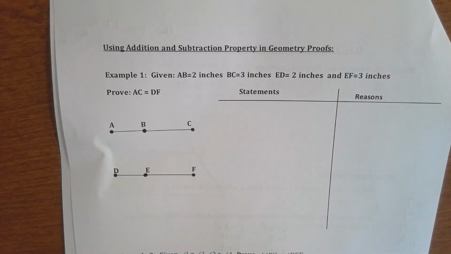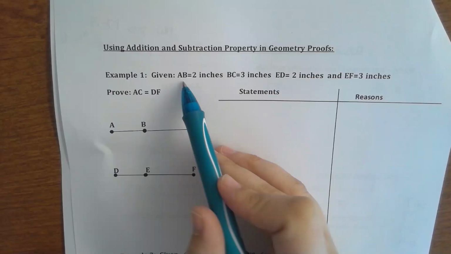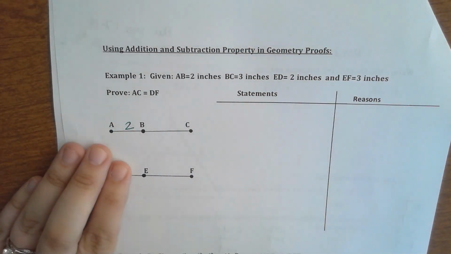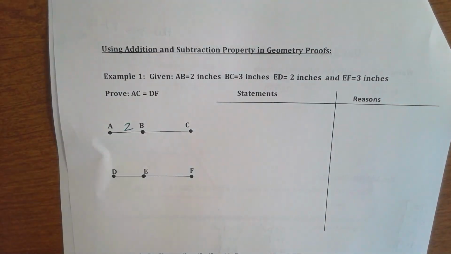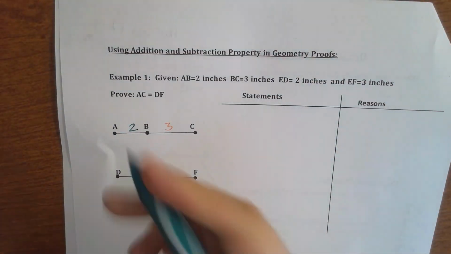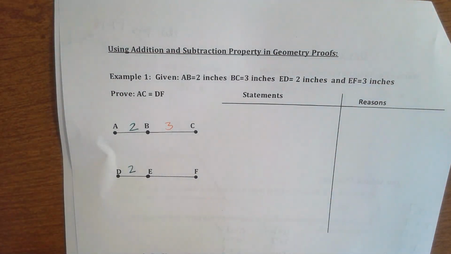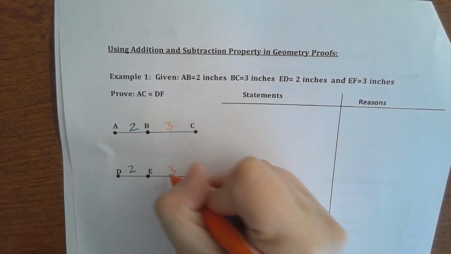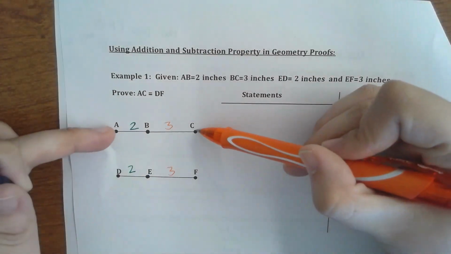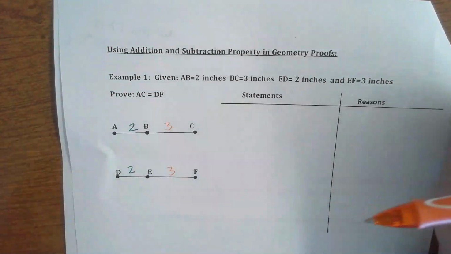We will do one proof example with numbers and letters, and then we're not going to use the numbers anymore. AB is 2. BC is 3. ED is 2. EF is 3. They want us to prove that this whole thing equals this whole thing.